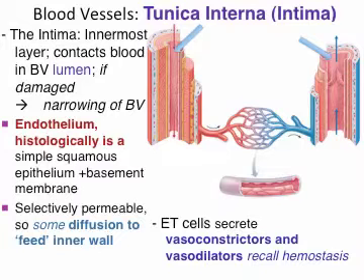So endothelial cells secrete a lot of different vasoconstrictors and vasodilators. And for this lecture, we don't have to name all the vasoconstrictors and vasodilators. We just have to know that endothelial cells can secrete vasoconstrictors and vasodilators that will communicate with the smooth muscle cells in the tunica media and tell the smooth muscle cells to constrict or dilate.